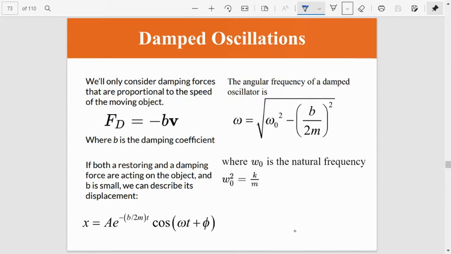There's a term here, omega naught, which is the natural frequency, which is what you'd have as your normal frequency if it wasn't for the fact that the system's damped. And the next term here accounts for the fact that there's damping occurring, so it kind of takes a bite out of your total frequency.